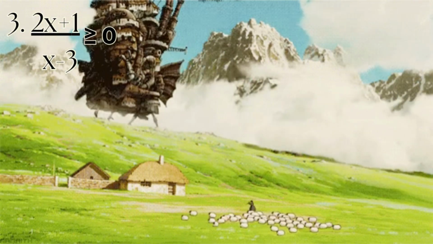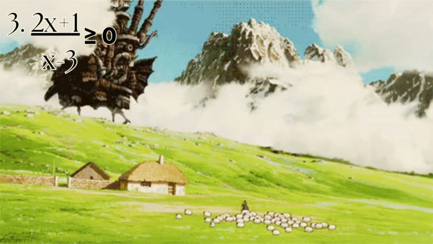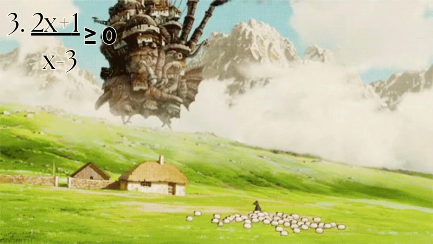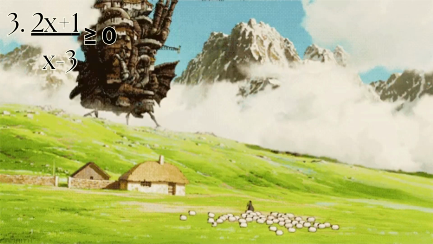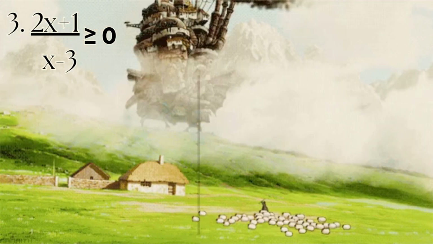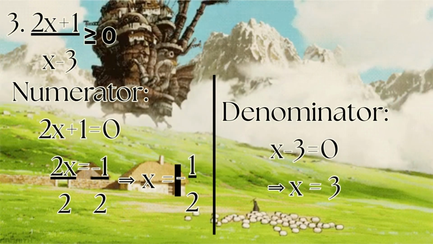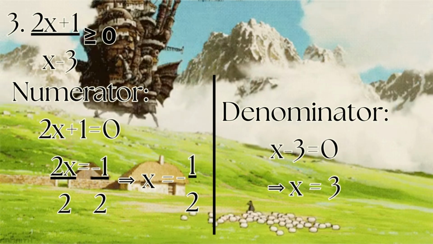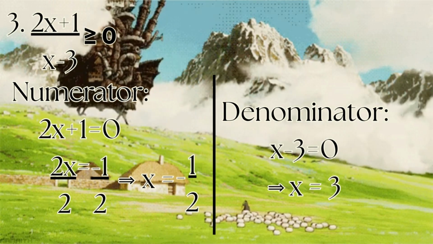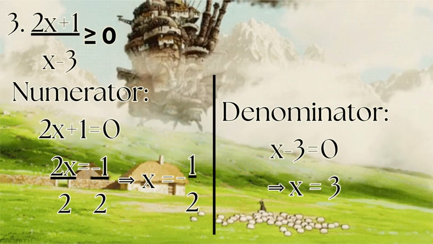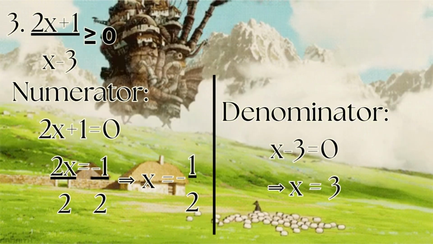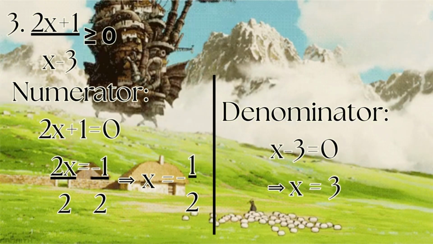Third example is 2x plus 1 over x minus 3 is greater than or equal to 0. The critical point for our numerator, 2x plus 1 equals 0, is negative 1/2 or negative 0.5. And for the denominator, x minus 3 equals 0, is going to be x equals positive 3.